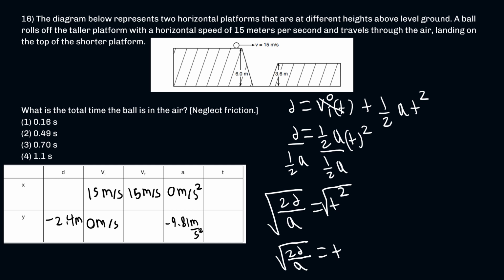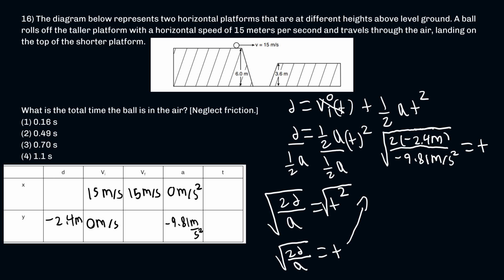The square root of 2 times my displacement, which is negative 2.4 meters, all over my acceleration, which is negative 9.81 meters per second squared, equals my time.